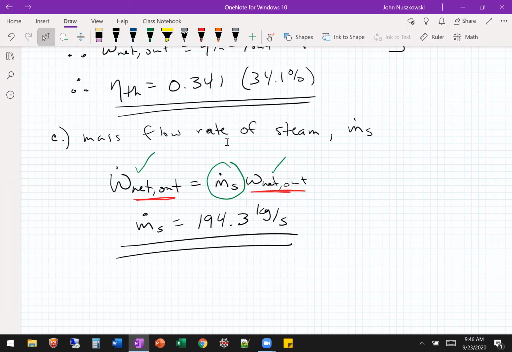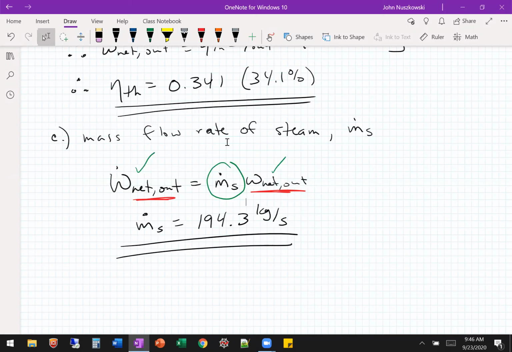Okay, but you need something that has a rate in it, right? So that's where the net power output is a rate. We would need the boiler heat amount we would be putting in, all in rate terms, not just in per unit mass terms. Got it. Thank you.